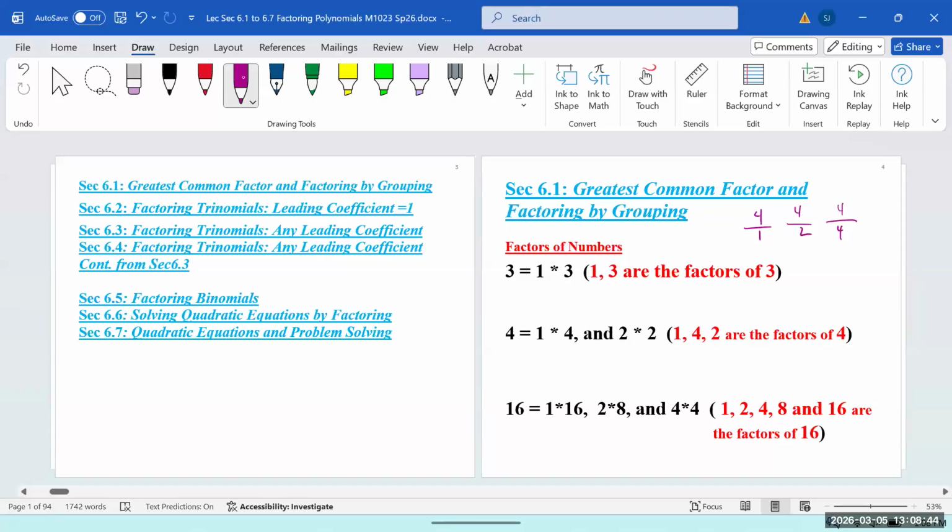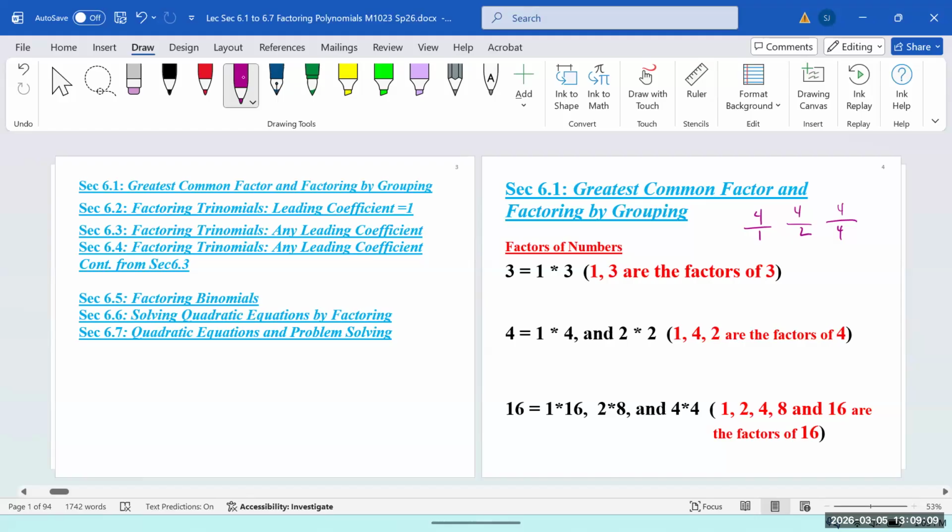That means 4 has 3 factors, 1, 2, and 4. And among these, if you multiply 1 and 4, you get 4 back. If you multiply 2 twice, you get 4 back. So see, if you take the factors and multiply them, you're supposed to get whatever you started your journey with.